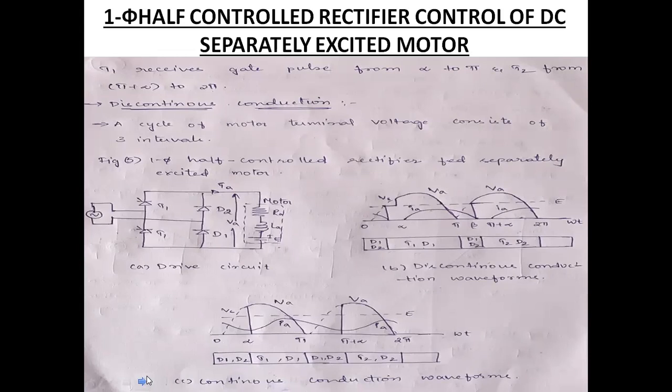If you observe that figure, you have a drive circuit. In a cycle of source voltage, it is defined by equation 1. Here T1 gets gate pulses from alpha to pi. Actually, this is T2, correct that.